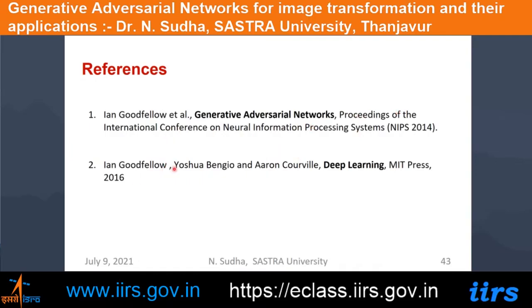He has also written a book on deep learning where you can refer to the generative adversarial network in more detail. There are a few other books too, by Charu Aggarwal and Nielsen, which also cover generative adversarial networks in detail, but it is a relatively recent network compared to the convolutional neural network and recurrent neural networks.